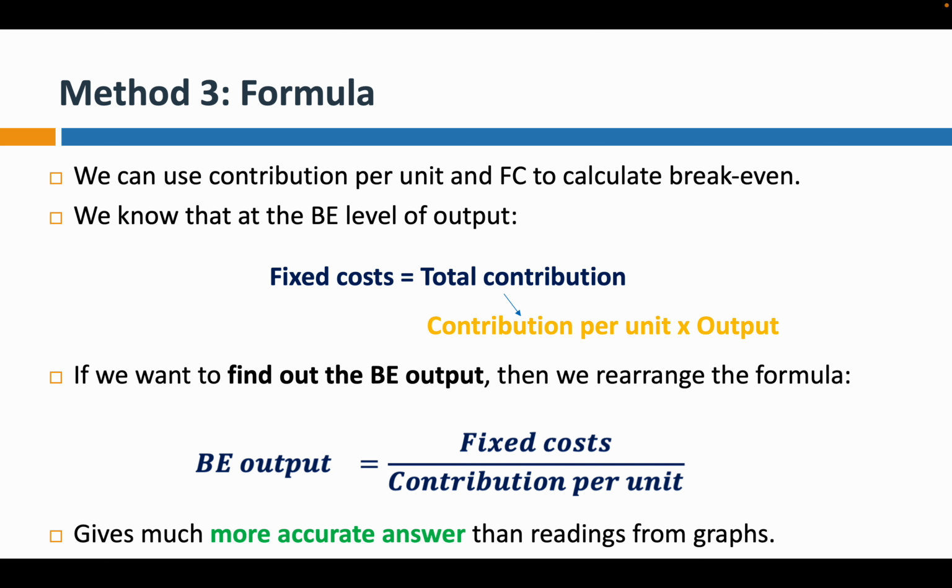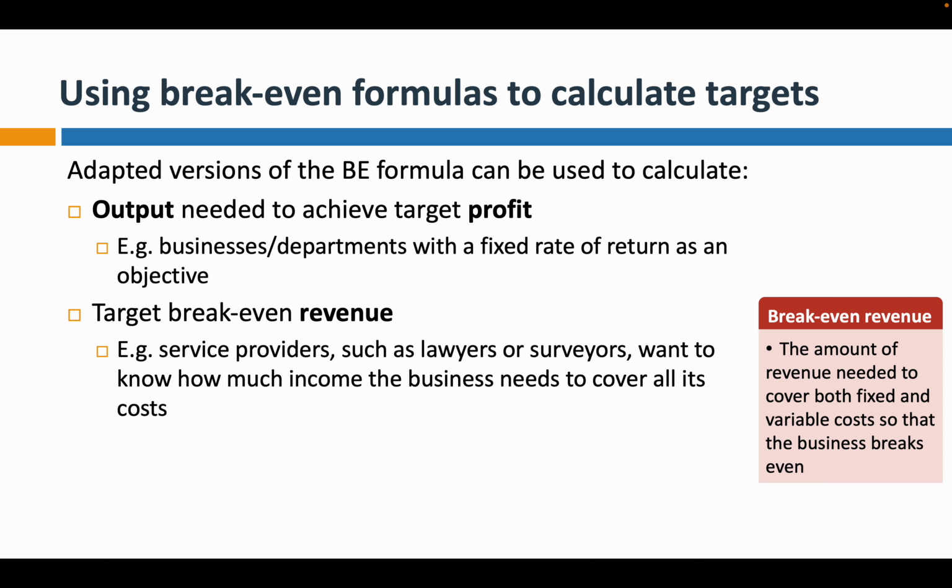Graphs are fun if you have nice lines and everything is sort of rounded up and all the numbers fit. But if the break-even level of output is 16.666.6 units, then that would be very hard to read from a graph. And that's where the formula gets handy, becomes useful.